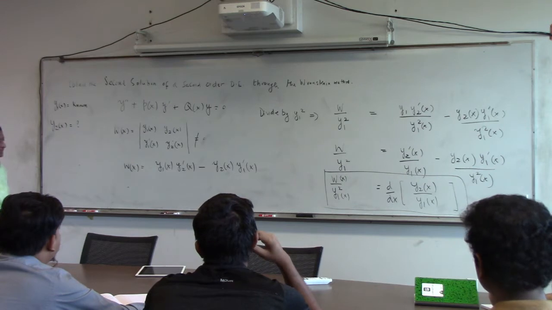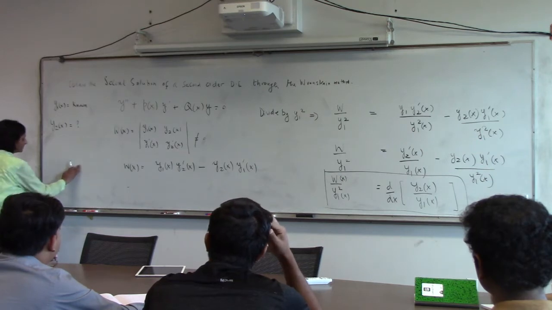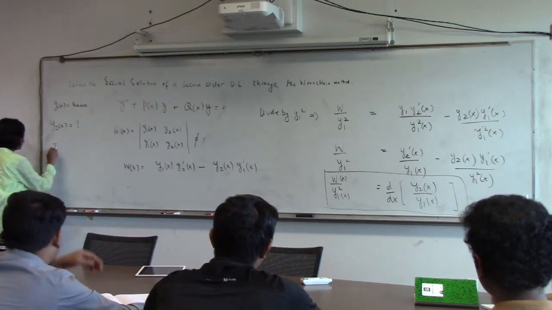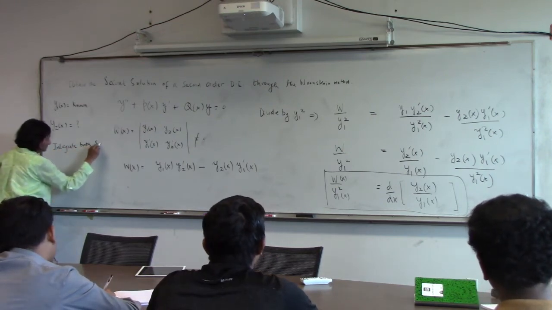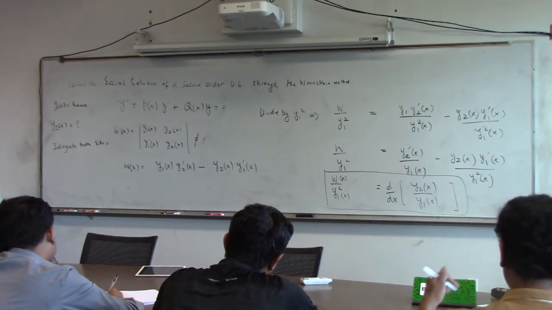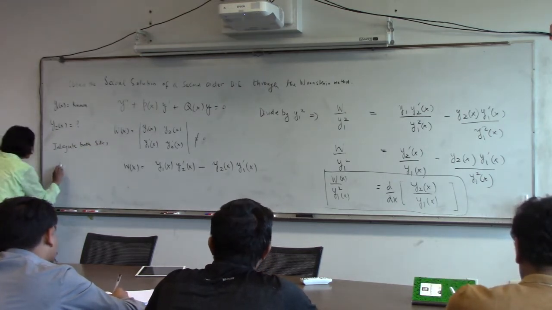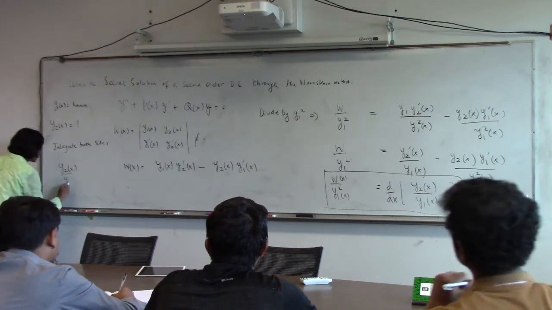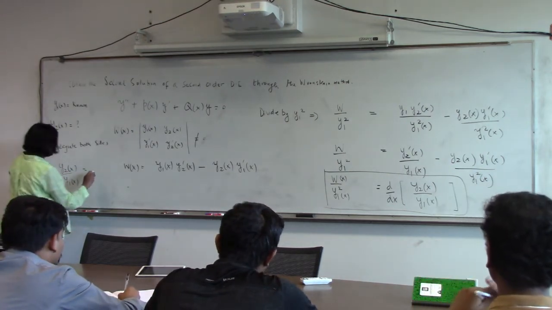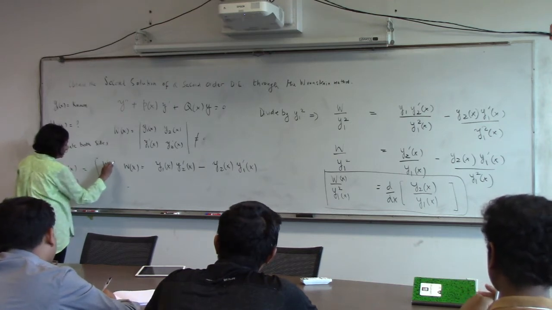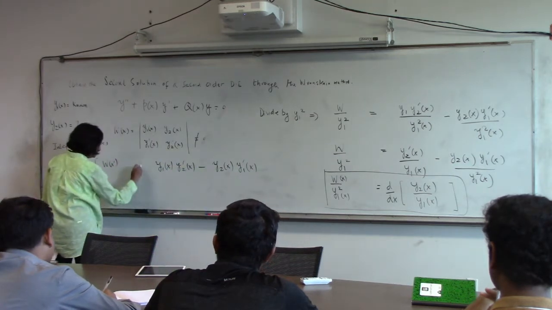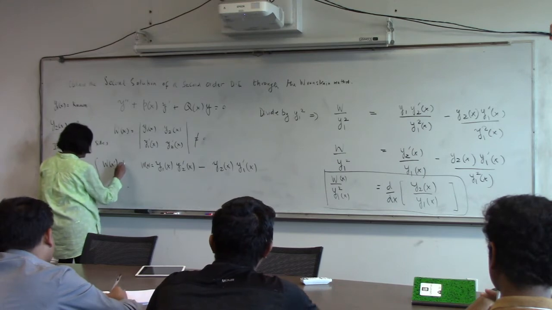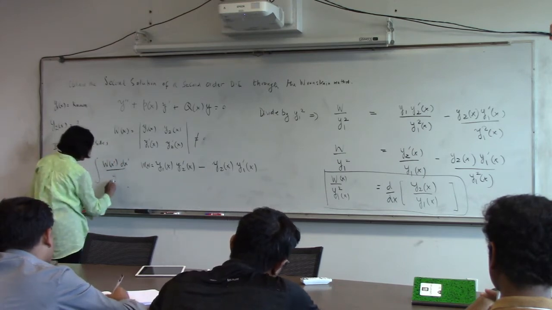Yeah, integrate both sides, right? So if you integrate both sides with respect to x, I'm going to look at the other side first, because y2 x over y1 x is then equal to the integral, with a dummy variable, right?